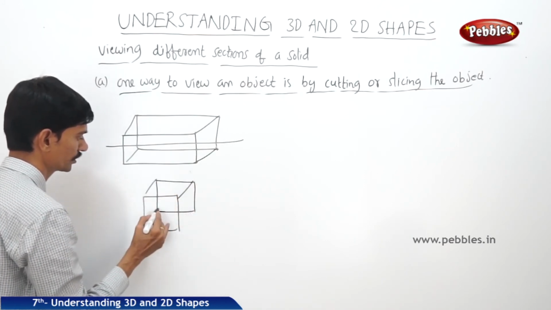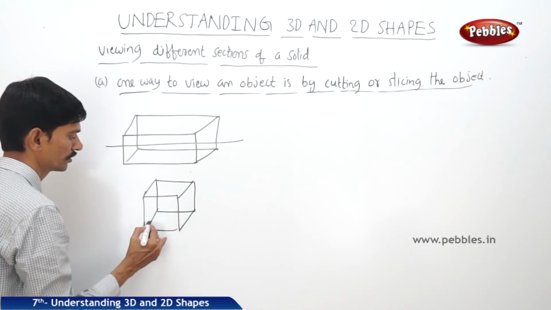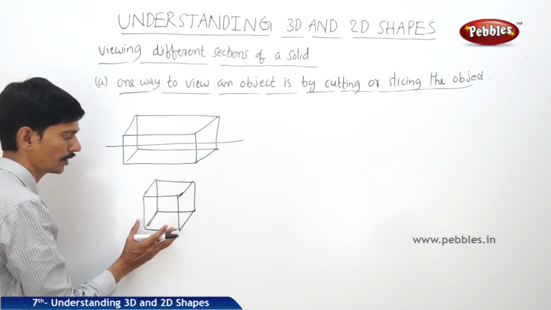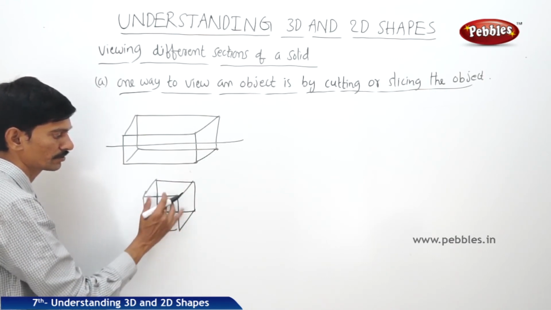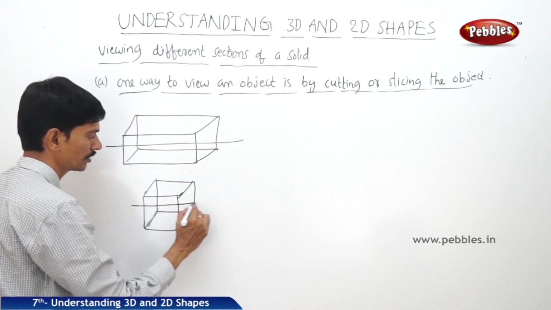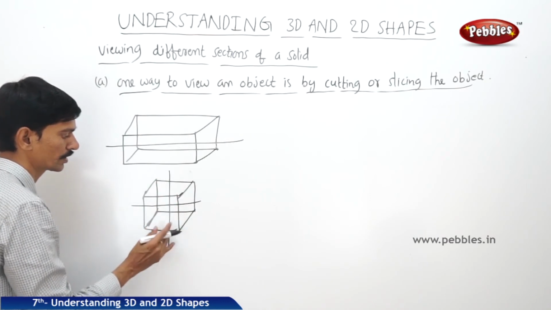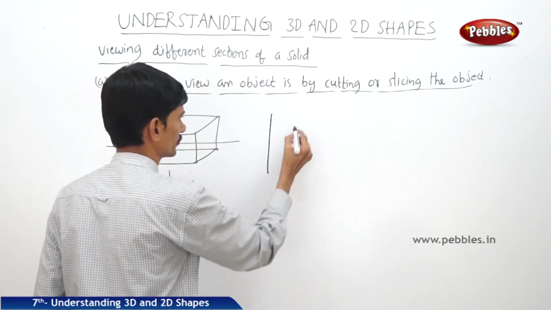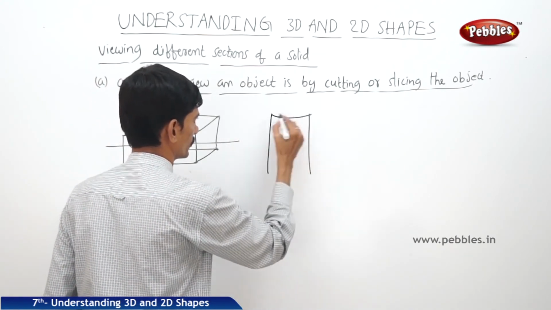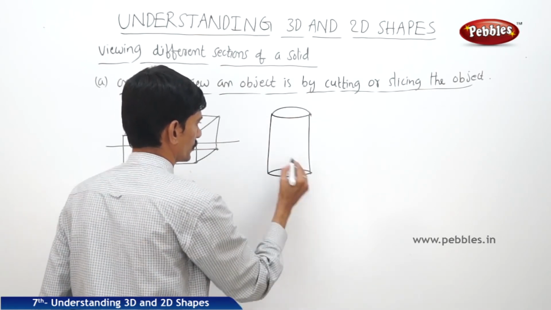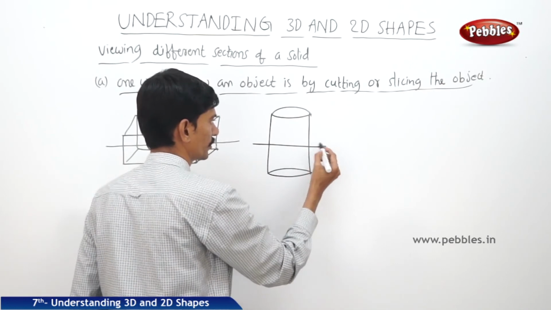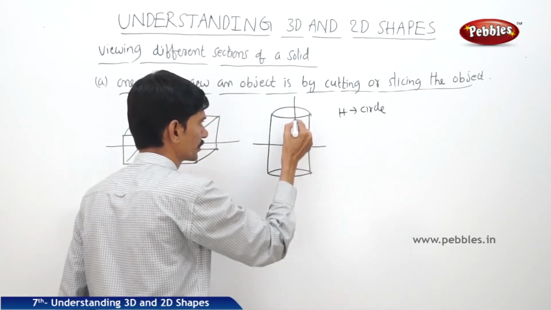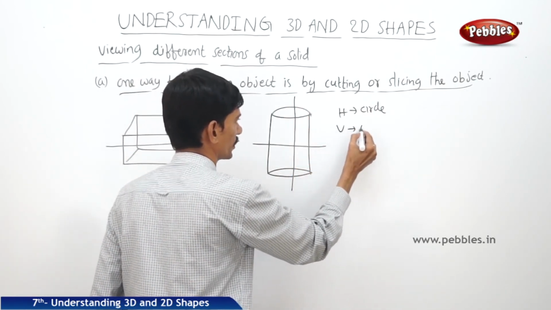And if you take any cube, if you cut both horizontally and vertically, then each section will have the shape of a square, because all the faces of the cube have square shape. That is why if you cut the cube horizontally or slice the cube vertically, you will get the shape of a square. And if you take any cylinder, the horizontal slicing will give the shape of a circle, and the vertical slicing will be a rectangle.